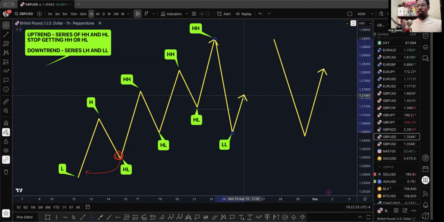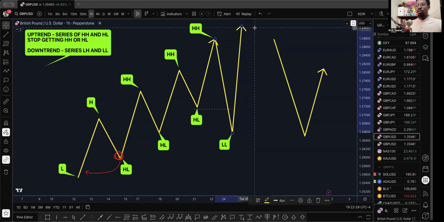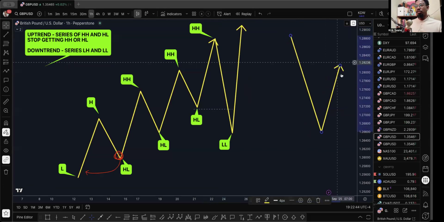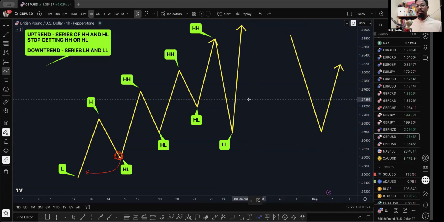If for whatever reason price comes from the lower low and comes up here, we have gotten another higher high. Okay, we've gotten a higher high. The problem with this now is we're in a similar position to this pattern that we just drew. It's incomplete.